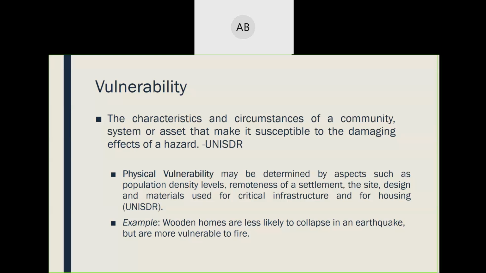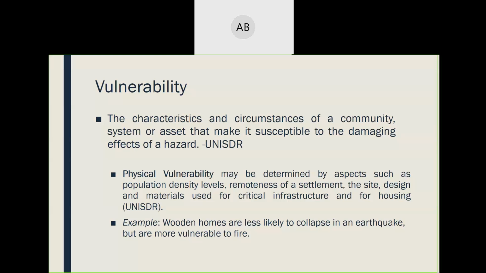Everything else remains the same. You have a one-story building, a same square feet building, but that house is in the forests in Australia, or that house is in a mega city in Japan. Depending on the material with which you are constructing the building, you will experience different levels of vulnerability.